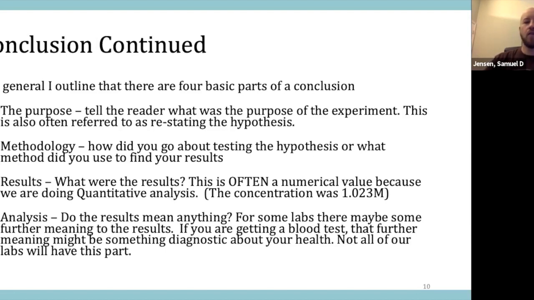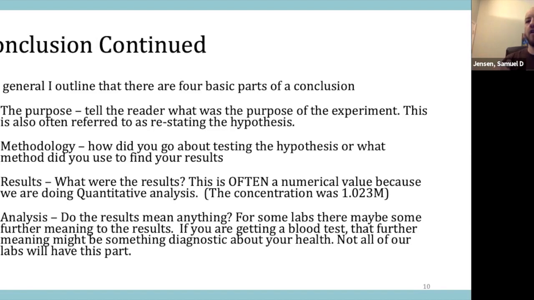Now, for some of our experiments, there won't be a fourth step. The fourth step is the analysis, where you've got your printout of your blood test, and you go back to the doctor, and your doctor tells you these numbers are high, these numbers are low, and because of the relationship of this number that seems really high and this number that seems really low, you are likely having some sort of blood issue.